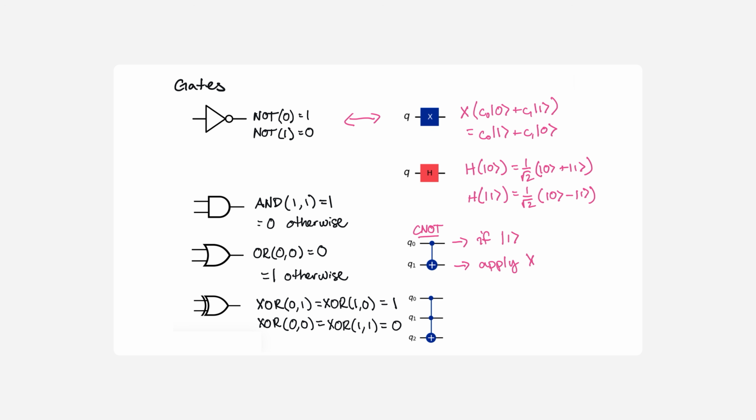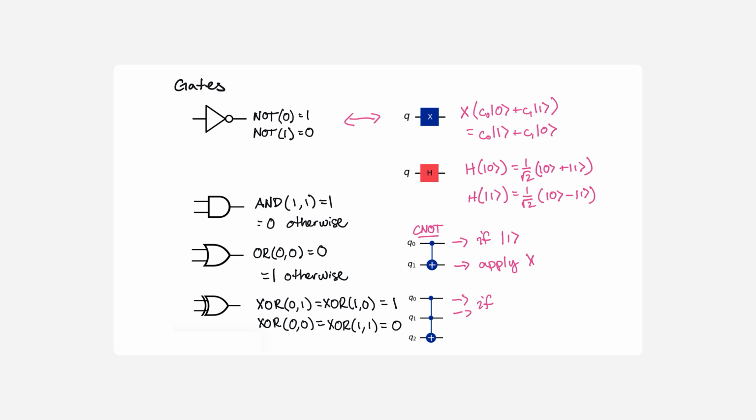But for the sake of this video, we'll introduce one more multi-qubit gate, the Toffoli gate, or controlled-controlled NOT. The Toffoli gate uses 2 control qubits and 1 target qubit. An X is applied to the target only if both control qubits are in |1>.